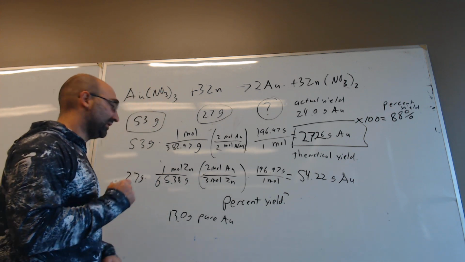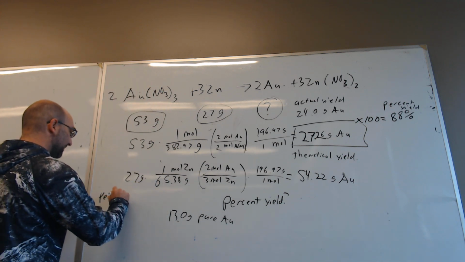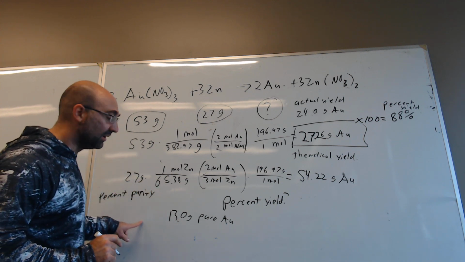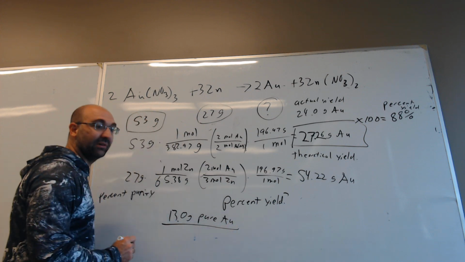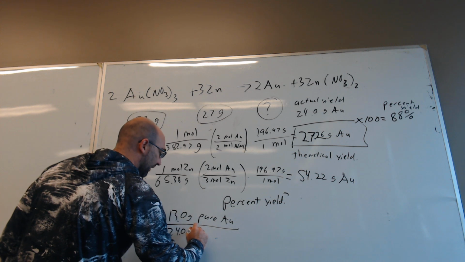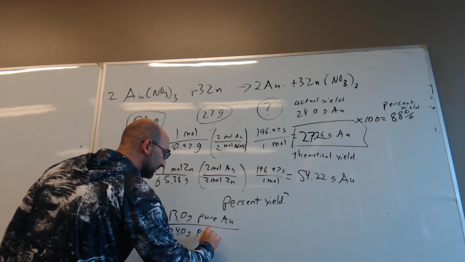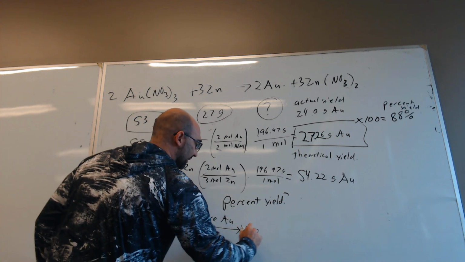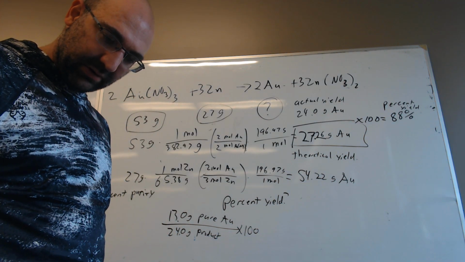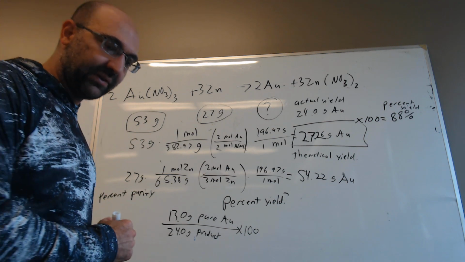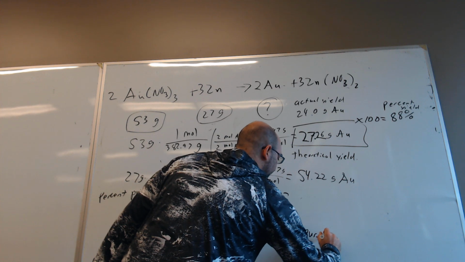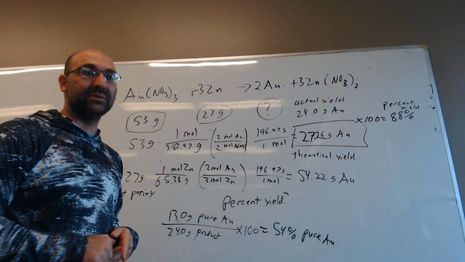So now to find your percent purity, we're going to take 13 grams of pure gold and divide it by the 24.0 grams that were produced. This is just total product. We multiply by 100, and 13 divided by 24 times 100 gives me 54% pure gold. So it's 54% purity.